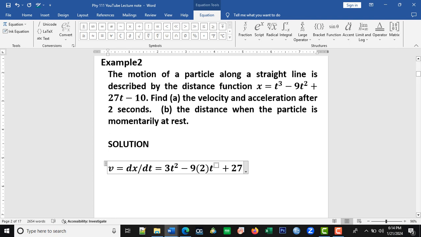what we have here. Now, we were asked to find velocity and acceleration, but let me start with velocity first. Velocity after 2 seconds. So the t here represents time. I'm going to substitute 2 in place of t, just as we did in our first lectures.